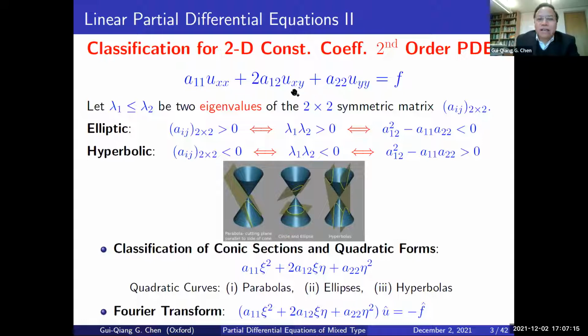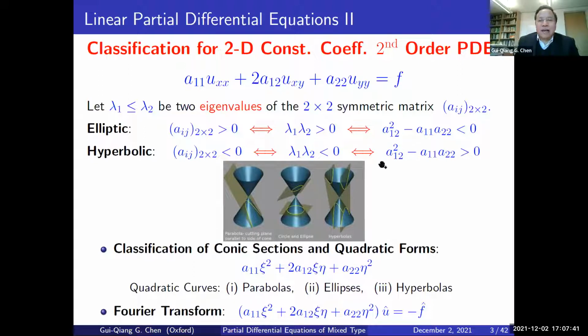We can consider the coefficient matrix, which is a symmetric matrix, so there are two eigenvalues. We call this equation elliptic when this matrix is positive definite, that means the two eigenvalues have the same sign, corresponding to the discriminant being less than 0 or bigger than 0.